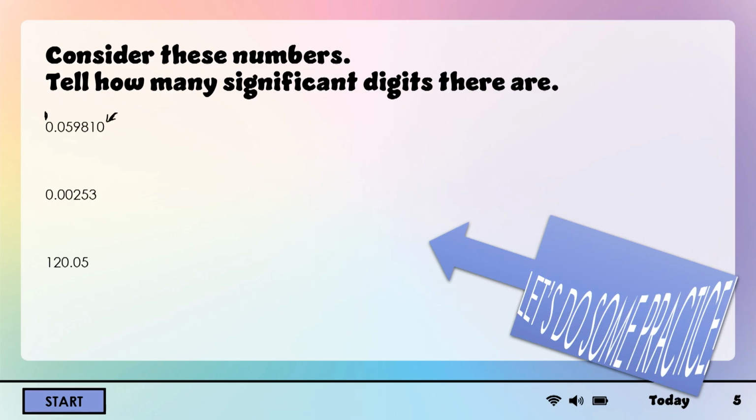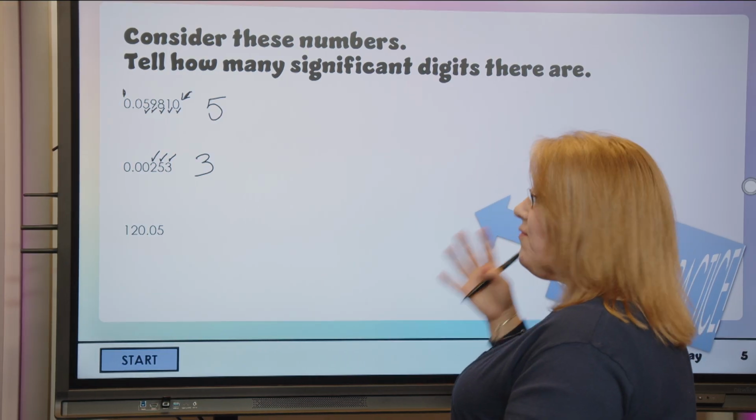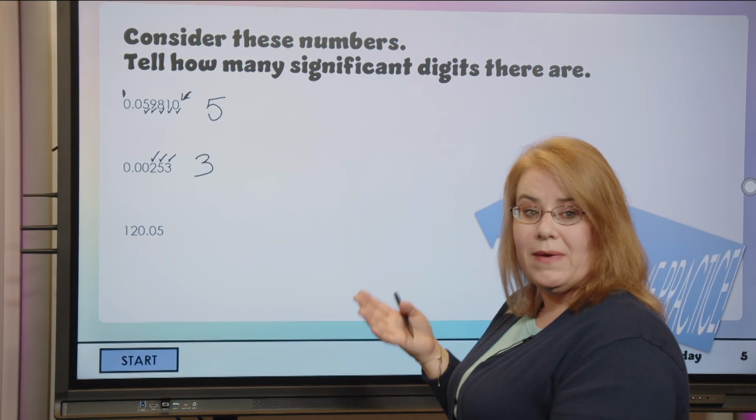So if I count 1, 2, 3, 4, 5, I have 5 significant digits. Now let's look at the next one. I have some leading zeros, and we know that leading zeros are not significant digits. So I have 1, 2, 3. I have 3 significant digits here, or sig figs, as you may hear them in biology.